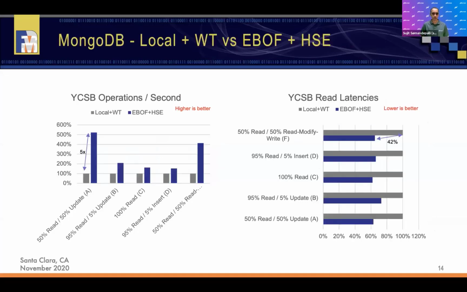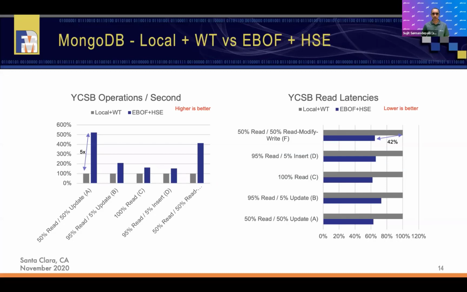Finally, this slide shows the performance comparison when we used local disks with WiredTiger and NVMe over Fabric disks with HSE as a storage engine in MongoDB. You can see that the use of HSE as a storage engine shows more than 5 times the improvement in workload A, and a significant improvement in latencies can be seen as well.